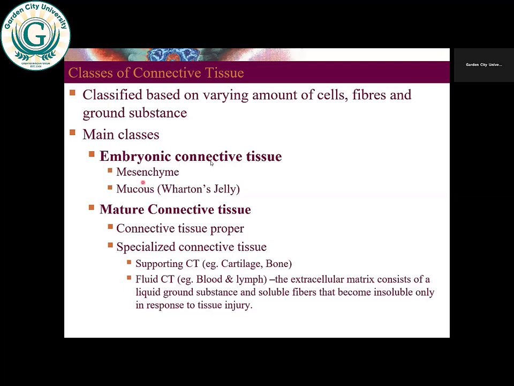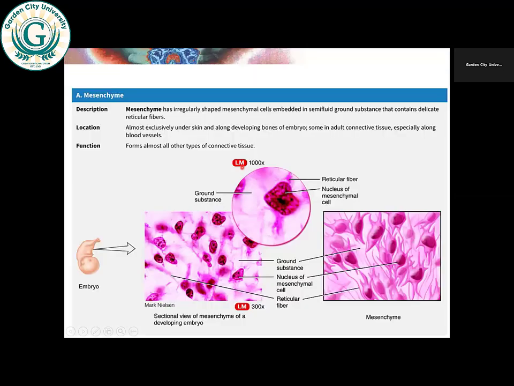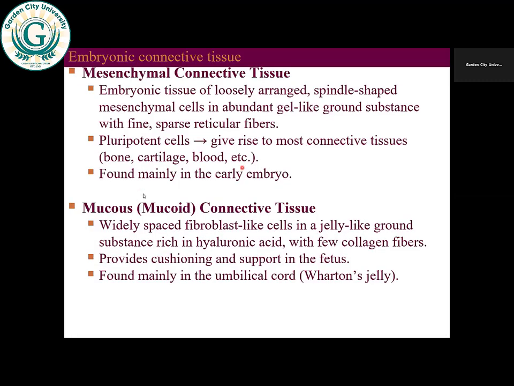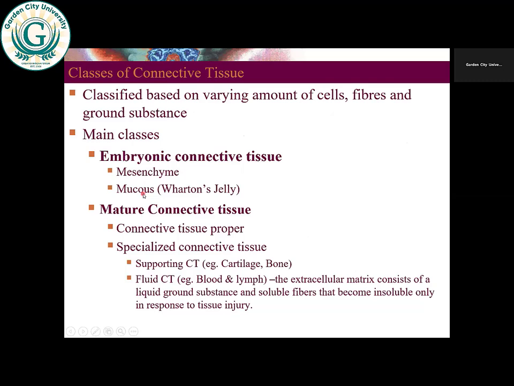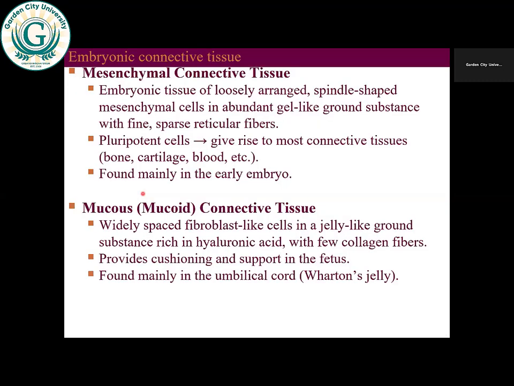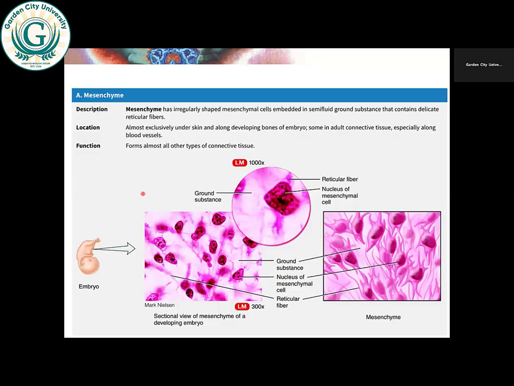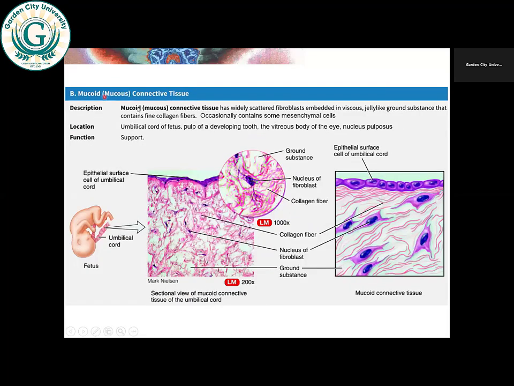Then we have embryonic connective tissues. As the name suggests, embryonic connective tissue. We have two types. We have the mesenchyme, then we have the mucous connective tissue. So there's a mesenchyme connective tissue and there's a mucous connective tissue.